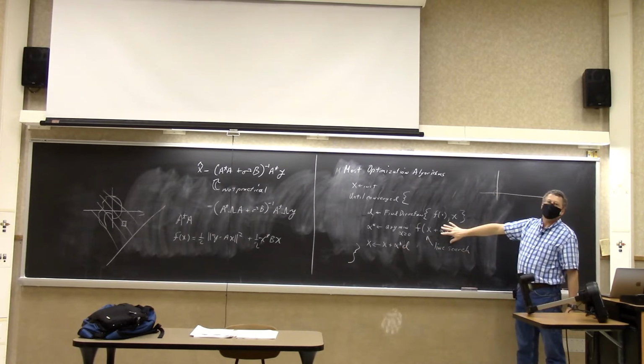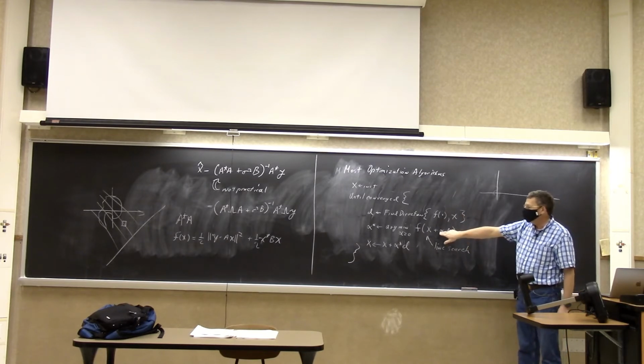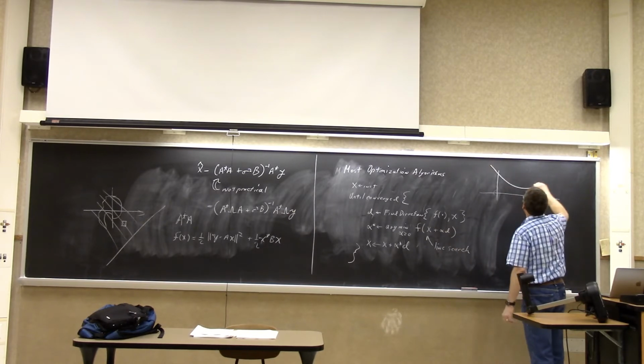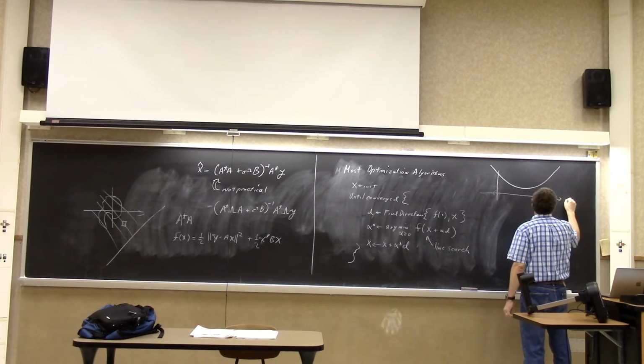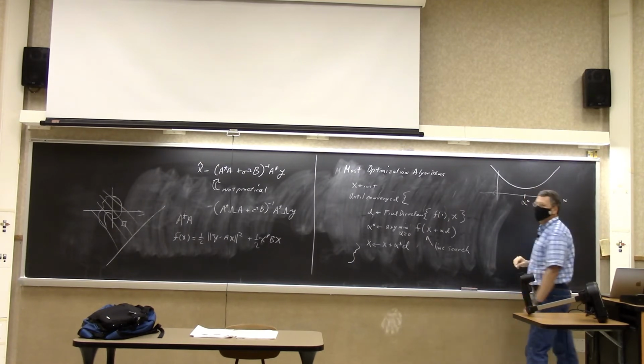So gradient descent is simple. Then the next more complicated thing is steepest descent, where what you do is pick the alpha so that it's the best alpha. So this is going to be the function, this is alpha, and that's going to be alpha star, okay?